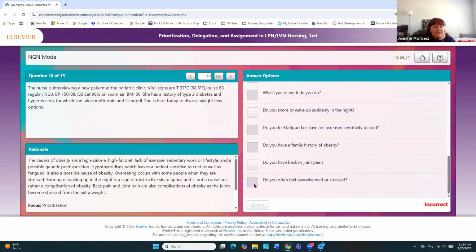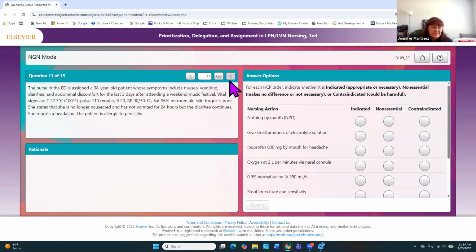And then feeling overwhelmed or stressed. So remember, not everybody, but a lot of people, if they are overwhelmed or stressed, they may overeat, right? So that's something that we need to ask about as well. Not everybody, but some people when they get stressed tend to eat and not pay attention to what they're doing.